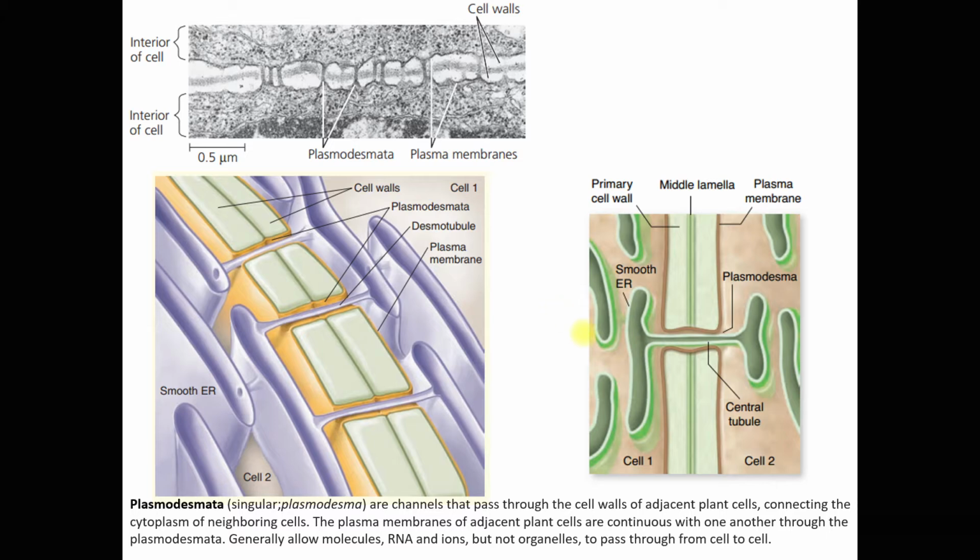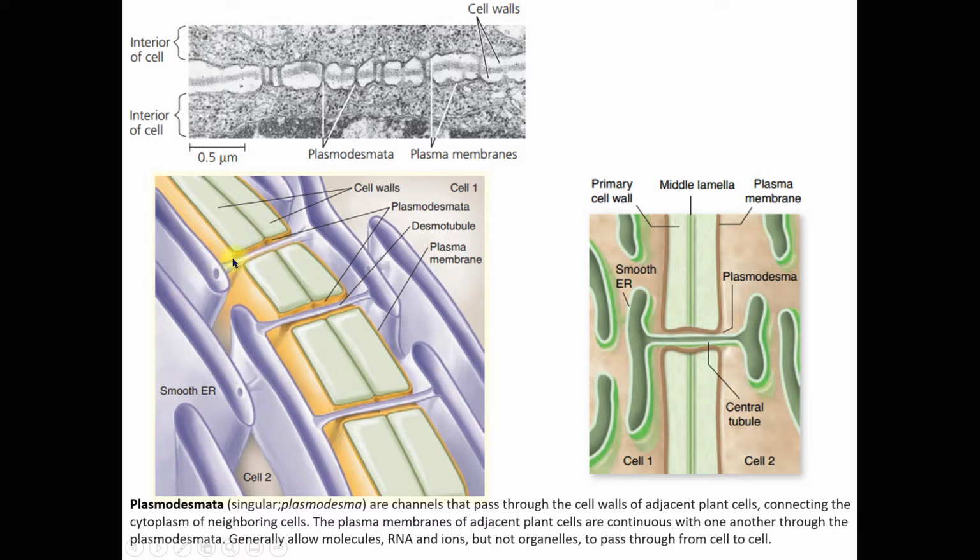The plasma membranes of adjacent plant cells are continuous with one another through the plasmodesma. Boleh nampak kan? Ini plasmodesma di sini. Then this is the plasma membrane yang kuning ni. Nampak ah? This plasma membrane. And these plasma membranes of adjacent plant cells are continuous with one another through the plasmodesma or plasmodesmata.